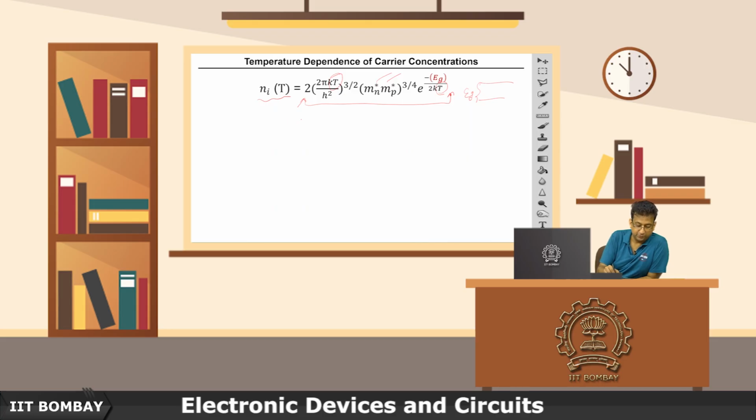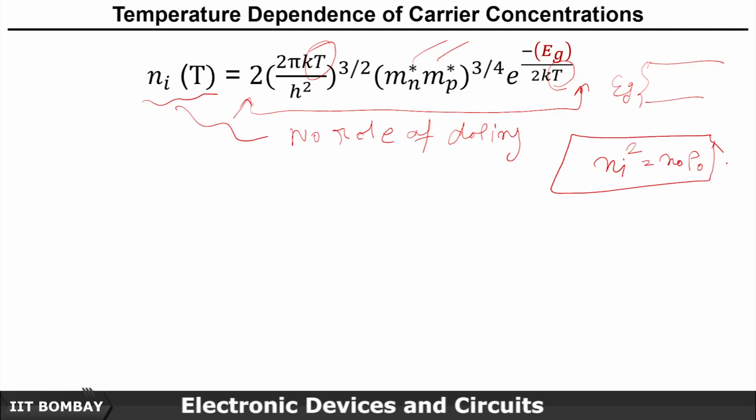So there is no role of doping for Ni, and that's why we have the law of mass action, Ni square is equal to N naught P naught. Ni is basically, at room temperature, a definite number for a given semiconductor and is known for most materials, and Ni can be used to calculate N naught into P naught using this law of mass action.